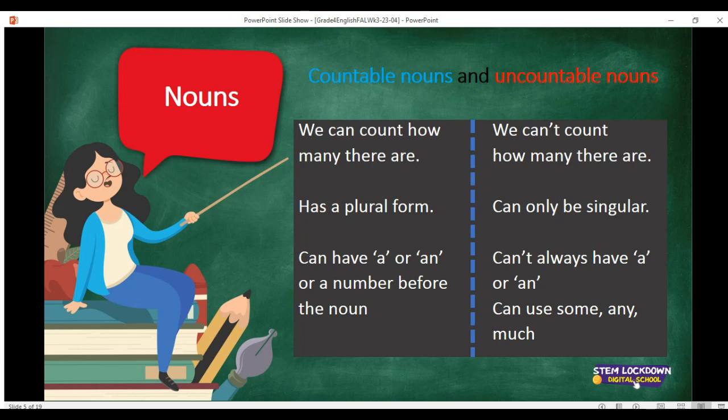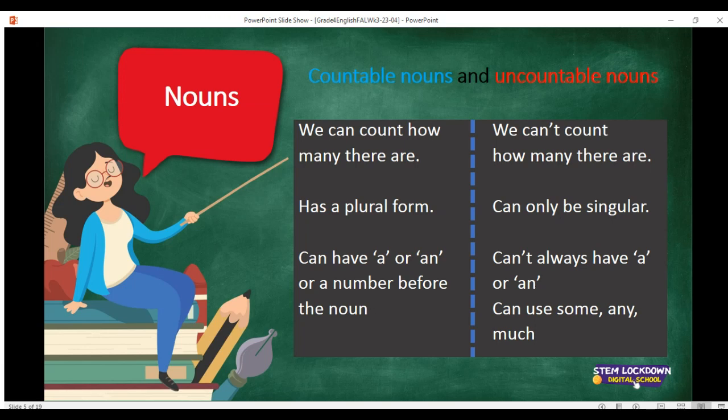I'm pretty sure you're not going to go outside and count all the blades of grass in your garden. So that would be uncountable. An example of countable can be like dog or cat or chair. Because I can say I have 1 dog or 2 dogs, but I can't say I'm going to go cut 1 grass. Because it literally means I'm going to cut 1 blade of grass.